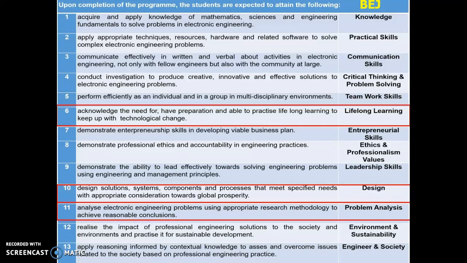If you can remember, your program is BEJ, Bachelor of Electronic Engineering with honors. We have 13 PLO. So for this course, we only assess PLO 11, which is the cognitive, PLO 10, which is the psychomotor, and PLO 6, which is the affective.